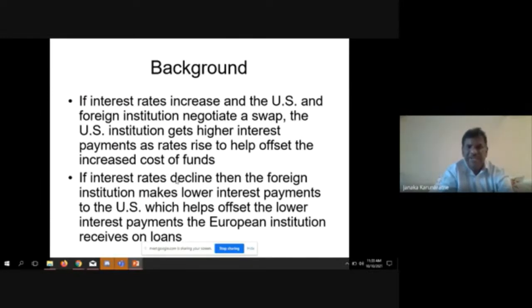If the interest rate declines, then the foreign institution makes lower interest payments to the US, which helps offset the lower interest payments the European institution receives on its loans, right?